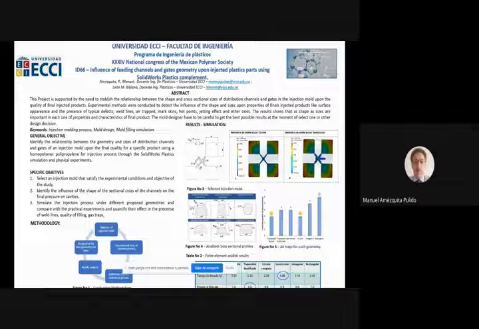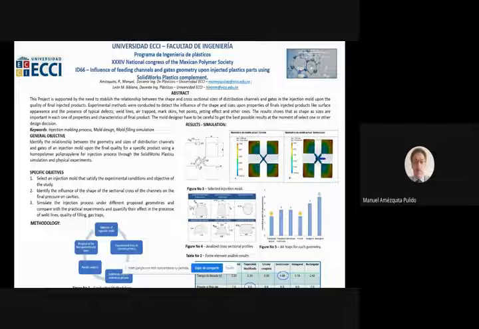and physical experiments. Specific objectives. First, select an injection mold that satisfies the experimental conditions and objective of the study. Why? Because we need a multi-cavity mold that lets us study the filling conditions of each one of the cavities of the mold.